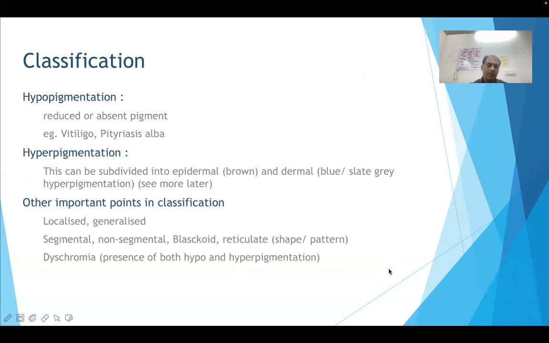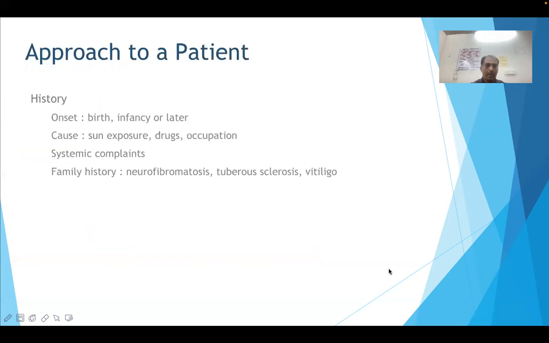Other points of classification are that a pigmentary disorder can be localized or generalized, along a segment, a neuronal segment, or non-segmental, or in a blaschkoid or reticulate pattern, and the presence of both hypo- and hyperpigmentation intermingled, leading to a dyschromic or mottled appearance.